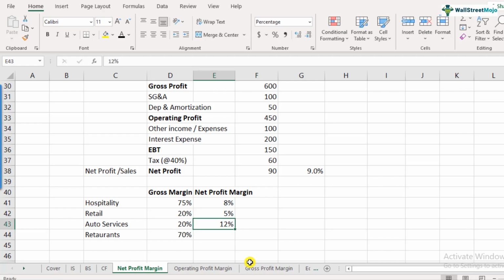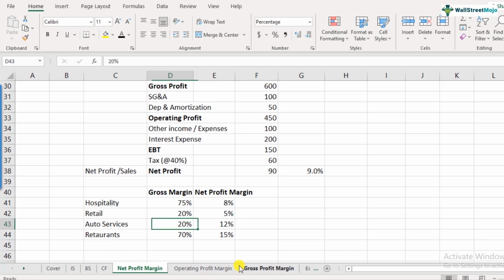So that's how the difference is. On one side 75% and they're able to generate only 8%. But in auto services, you can see gross margins is 20%, but net profit margin is much higher. It is at 12%. For restaurants, again, it's similar to hospitality. They generate very high gross profit margins, but at the net level, they are around 15%.